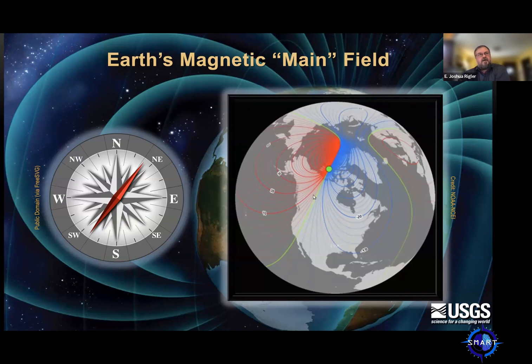This is something that's driven by a dynamo in the Earth's liquid outer core. And while we don't understand all the details of how that dynamo works, we do understand what happens on the surface. And that's a rough dipolar field that helps to orient magnetized devices like a compass so that we can actually navigate. And we've been doing this for hundreds of years.